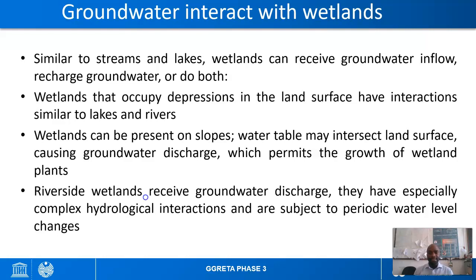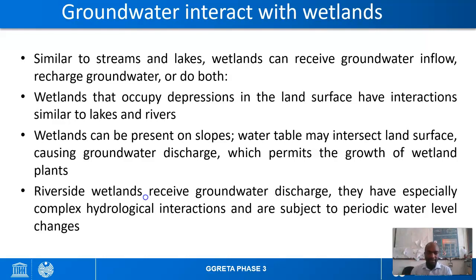The water table might intersect the land surface, causing groundwater discharge, which permits the growth of wetland plants. Obviously this is some sort of spring area where you've got a particular type of plants that are feeding off the groundwater. Riverside wetlands receive groundwater discharge. They especially have very complex interactions, right?